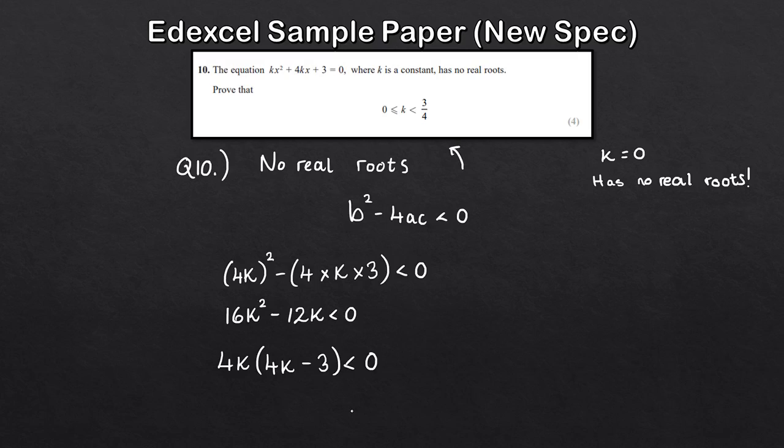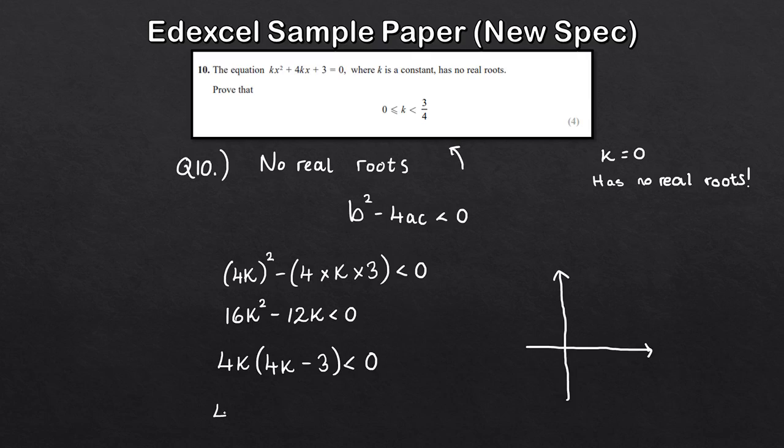I would always recommend doing this with any quadratic inequality: just do a quick sketch, so you can see what's actually happening. What I'm sketching now is this quadratic. We have two solutions here.